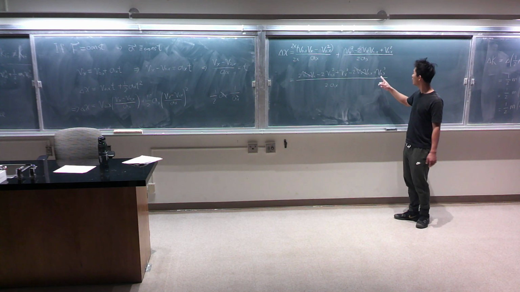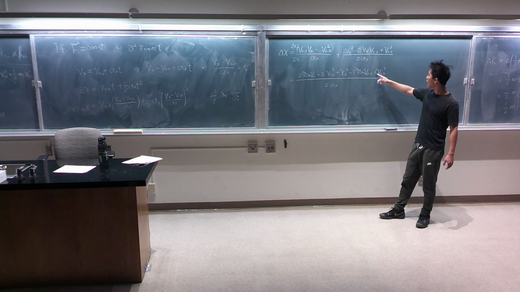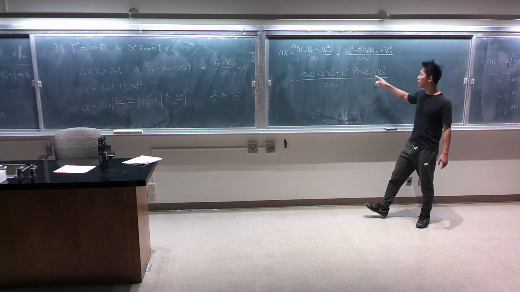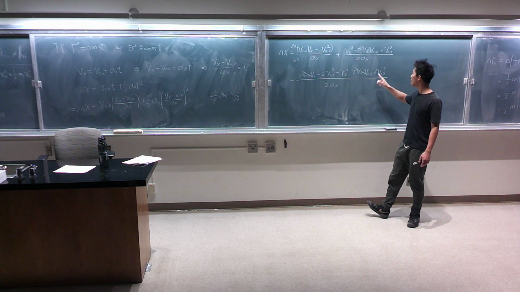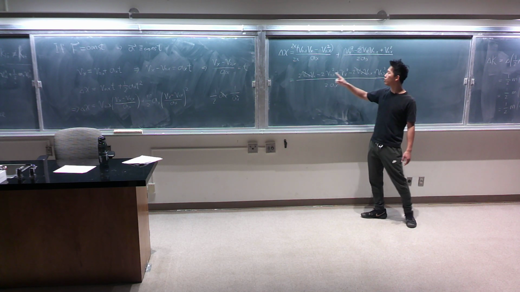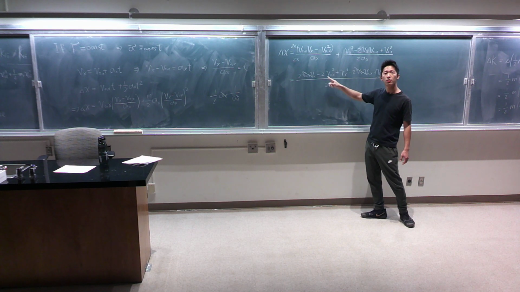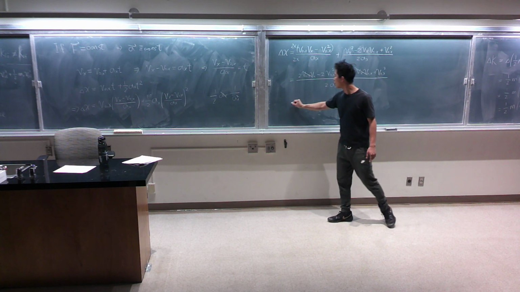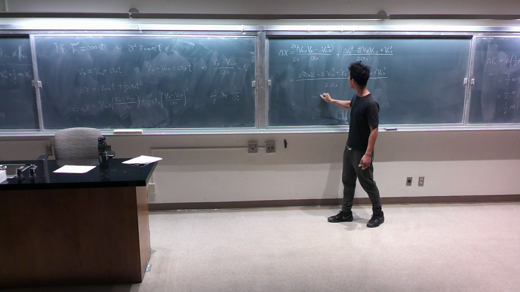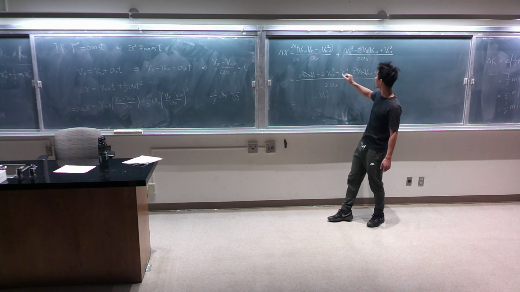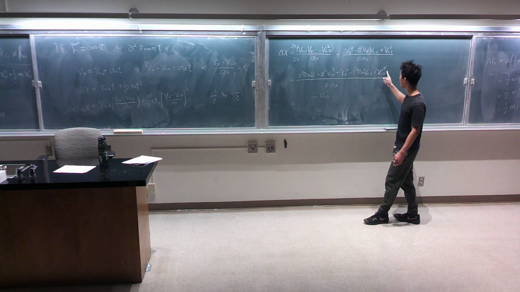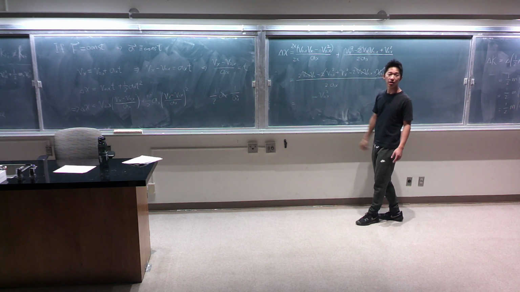And here, I have a V naught x squared and 2 V naught x squared. What is 1 minus 2? Good, so I will get a negative 1 V naught x squared. So I can say this cancels this, so it's negative 1.